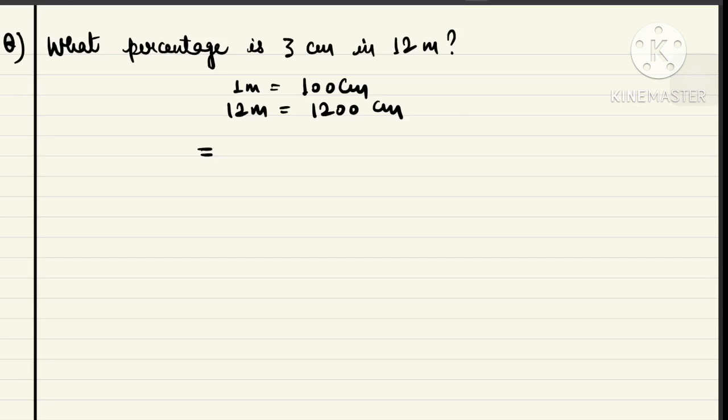Required percentage will be 3 centimeter upon 1200 centimeter, multiplied by 100 because we have to find the percentage. If we cancel it, we will get 1 by 4, and 1 by 4 is 0.25%. So 0.25% will be the answer.